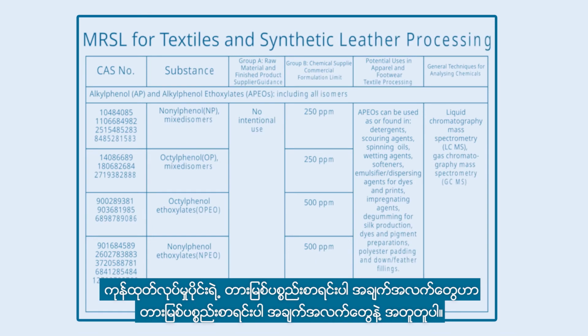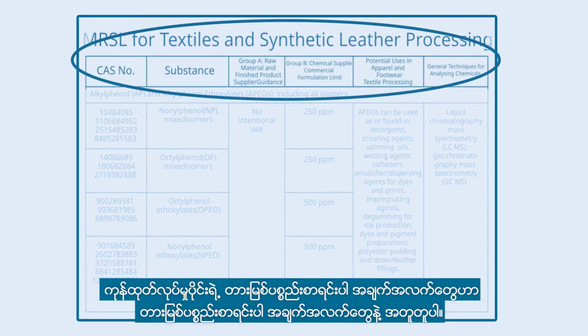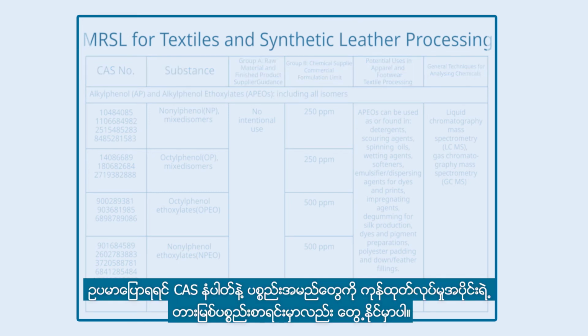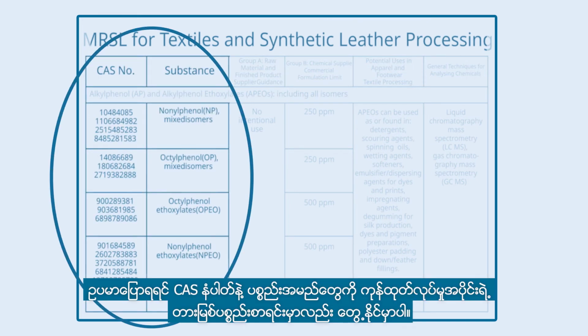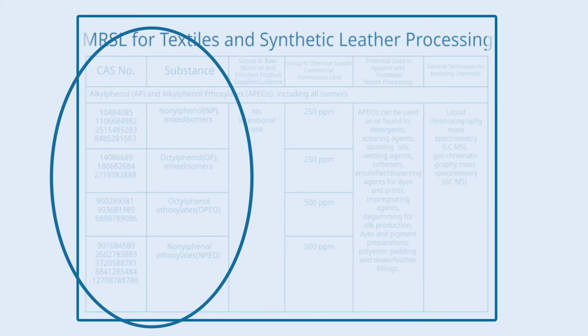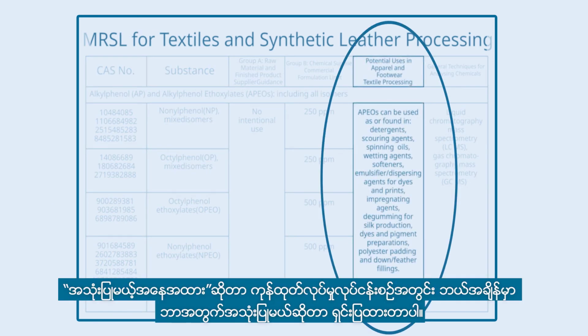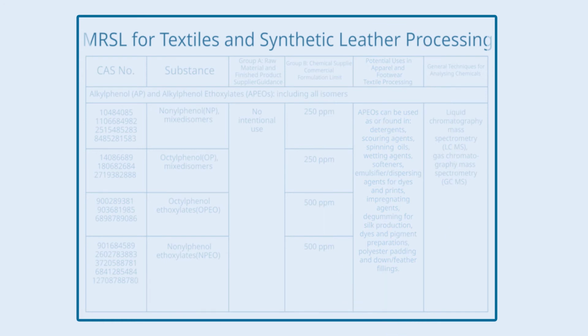The items shown in a manufacturing restricted substance list are similar to those of an RSL. For example, the CAS numbers and names of the substances can also be found in the MRSL. The column Potential Uses explains when and for what purpose the substance is commonly used during manufacturing.